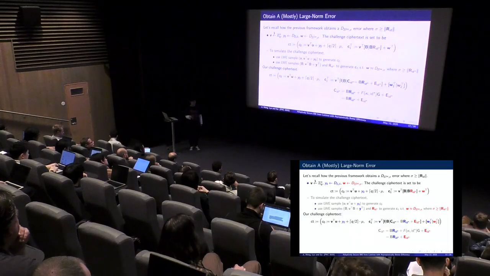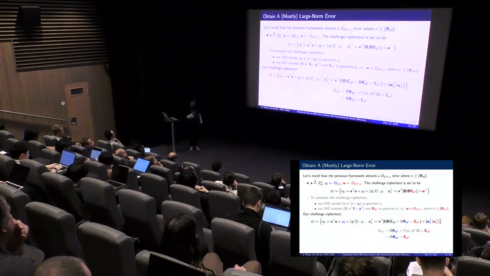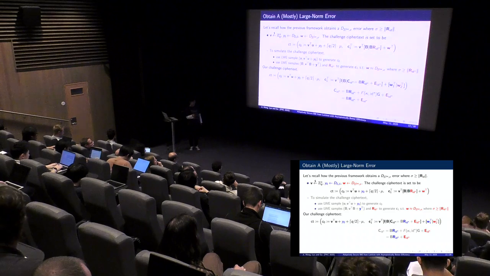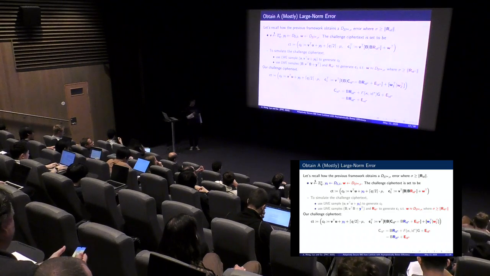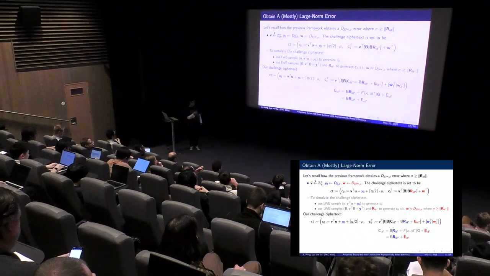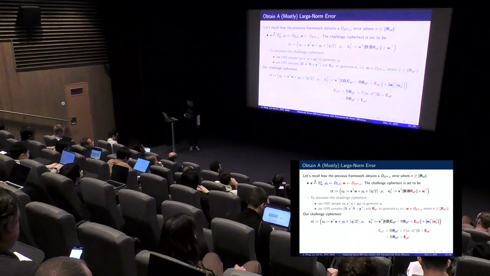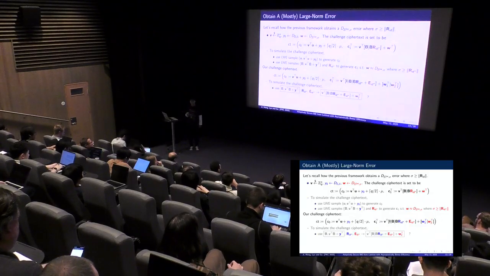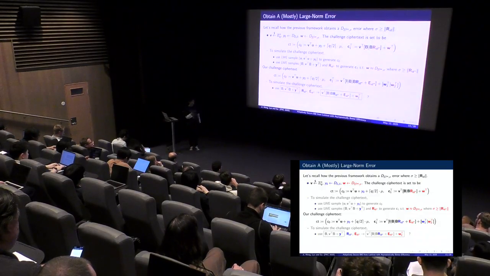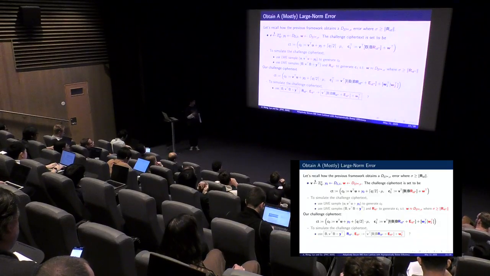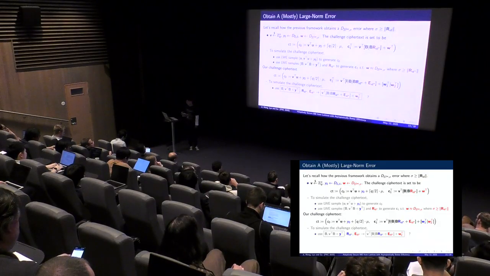And the second difference is the CID star now equals the BRID star plus EID star. And the third difference is our user's public key should be added by an identity matrix I. And now we want to simulate the challenge ciphertext. But we don't know how to use the previous LWE samples B, VB plus Y, and the RID star, EID star to simulate our desired ciphertext.